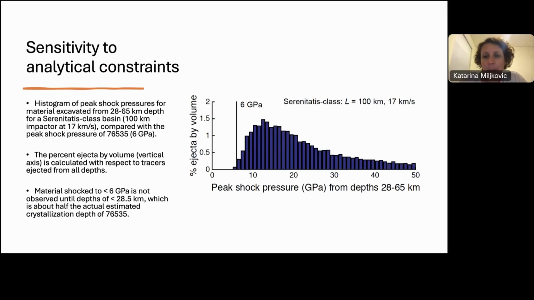But when we looked at the whole breakdown of different peak pressures that are experienced in, let's say, a Serenitatis size basin, then the 6 GPa shock pressures start at shallower depths at about 28 kilometers and possibly down to 60-ish kilometers depth, but only by a small volumetric fraction of the ejecta. So it's possible if you really, really stretch it, but unlikely.